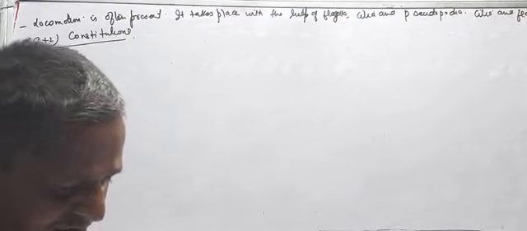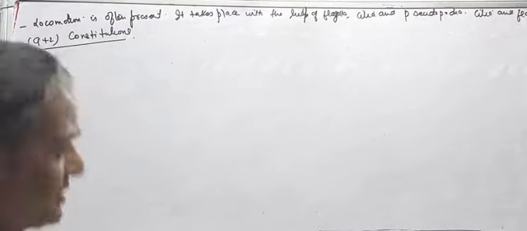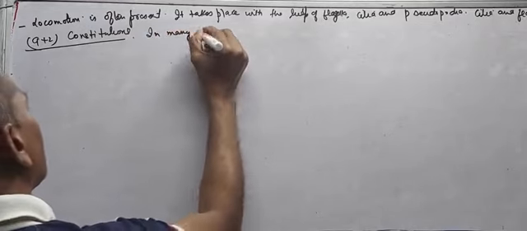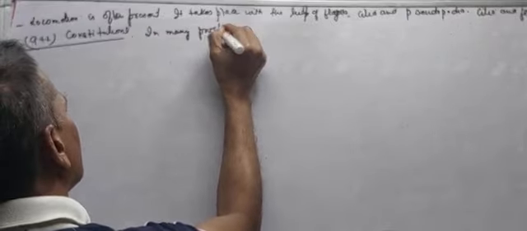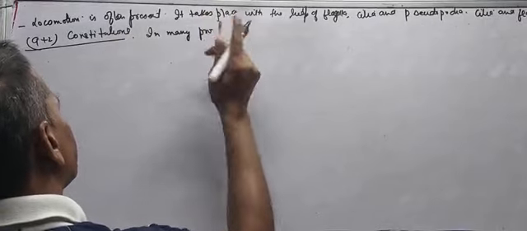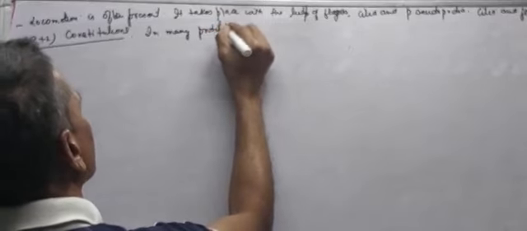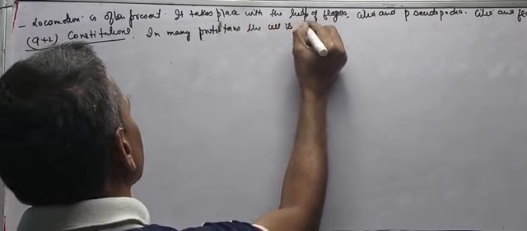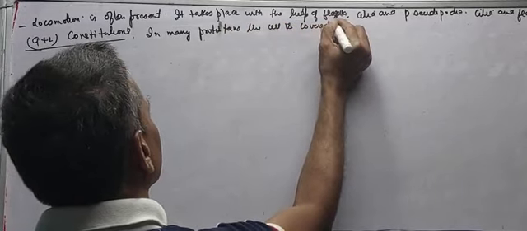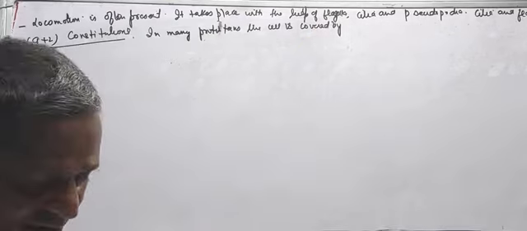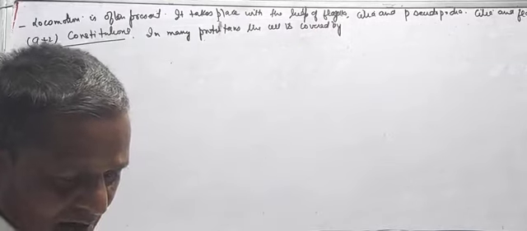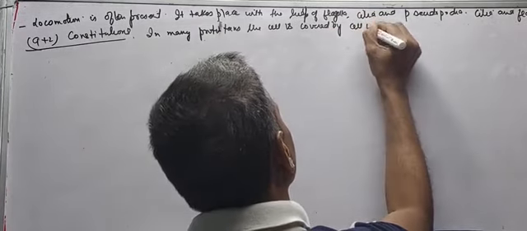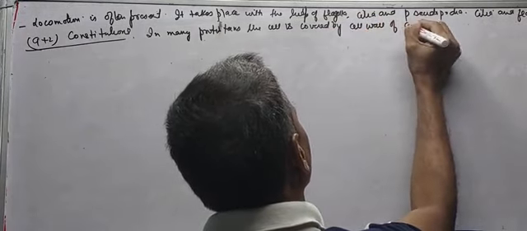In many protistans, the cell is covered by a cell wall of cellulose.